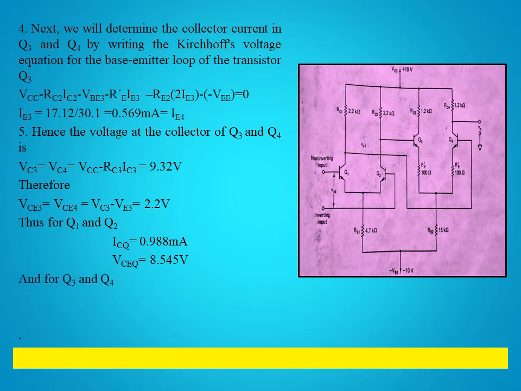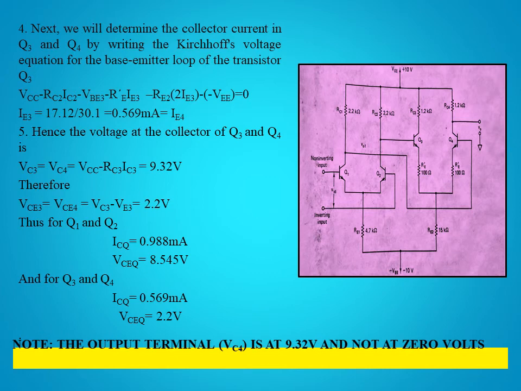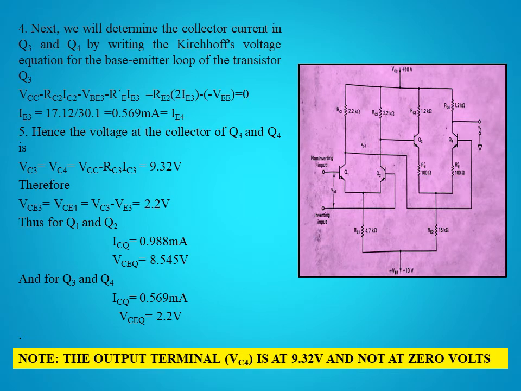But for Q3 and Q4, ICQ is again 0.988 milliamperes and VCEQ is 8.54. VCEQ is 2.2 volts. No, not 2.2 volts. It is 9.32 volts.